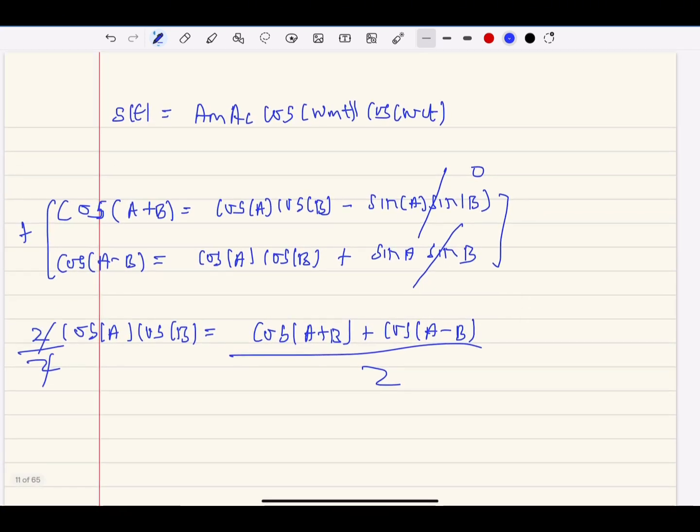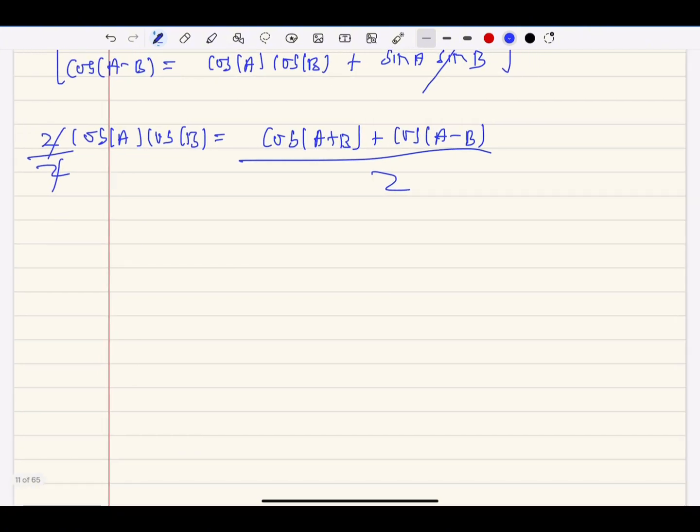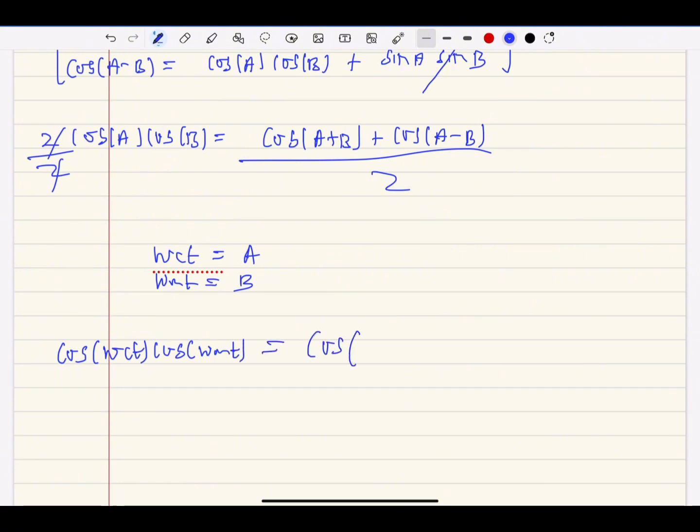Assuming that from this, our ωc t is equal to A and our ωm t is equal to B, we will arrive at an equation: cos ωc t cos ωm t equal to cos[(ωc plus ωm) t] plus cos[(ωc minus ωm) t].